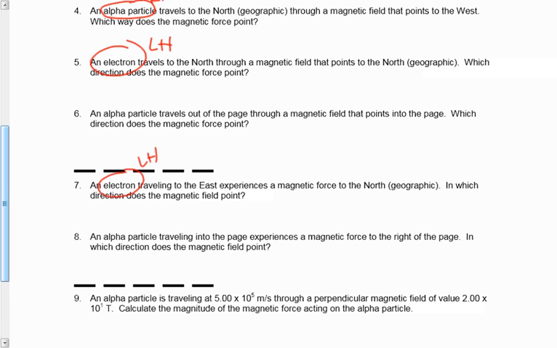So the electron, so it's left hand, is traveling to the east. Can't see out the window. This way is north, south, east, and west. The electron is traveling towards the east, so we're going to stick our thumb this way, towards the east. Our fingers, we don't know. Our palm is pointing, the magnetic force is to the north, this way.